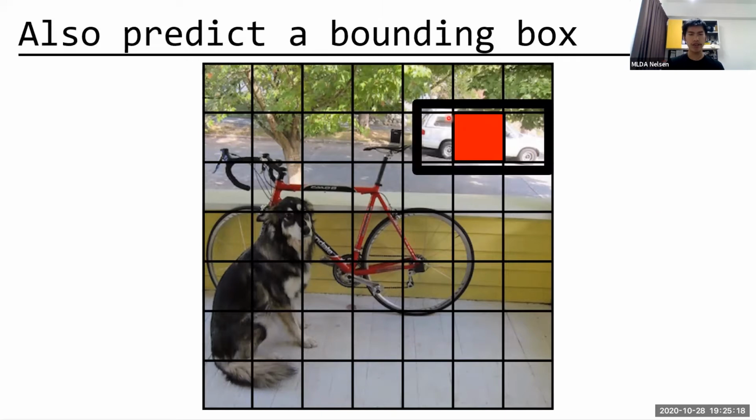Similarly, not only the probability of whether there's an object or not at that specific grid, it will try to predict whether there's a bounding box that can fit that specific object. So what do I mean by that? It tries to get the properties of the bounding box. A bounding box has 4 different properties, which are one of the points in the bounding box, or let's say the center of the bounding box, and the width and height.